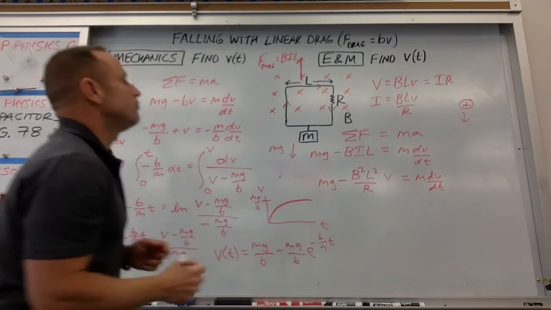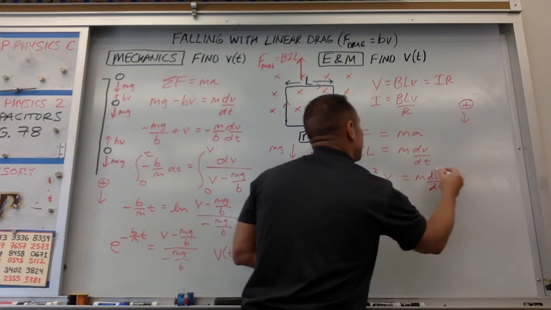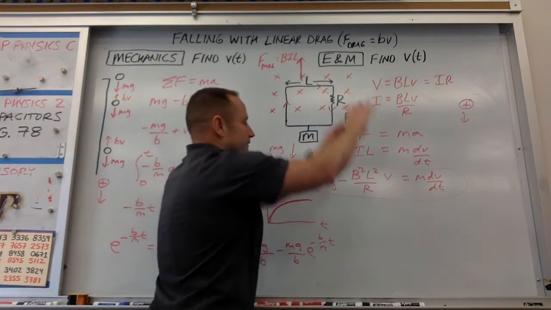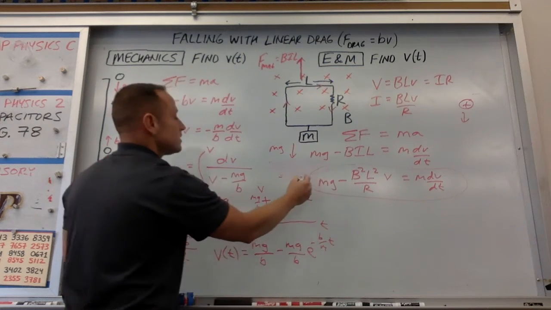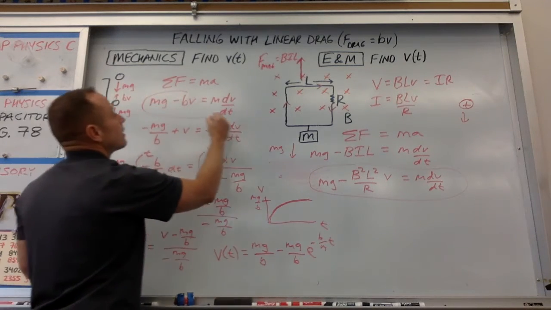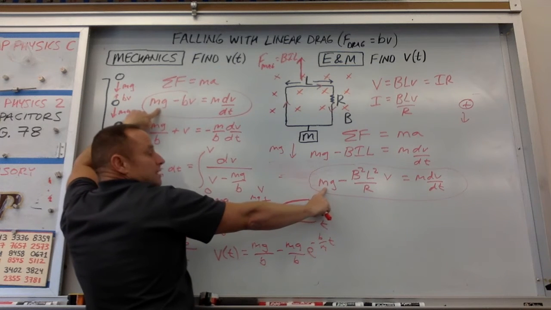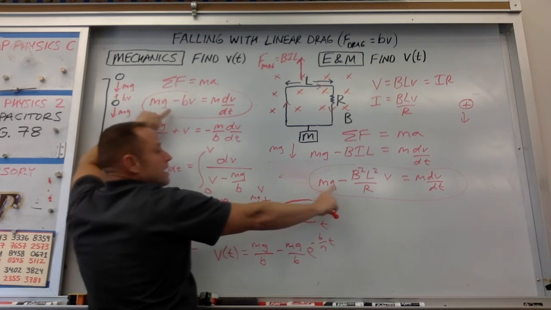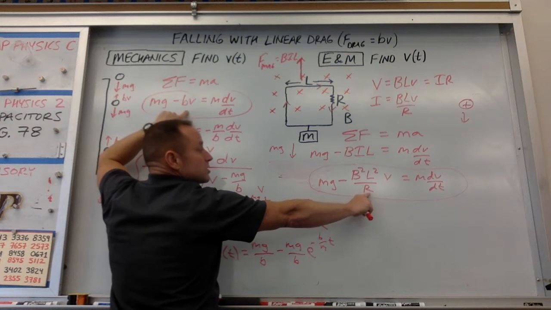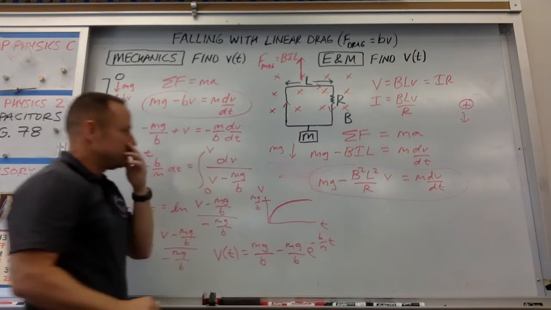Now what you notice is that this equation governing the velocity as this thing is falling looks exactly like what we got right here. You have gravity making this thing want to go downward, or in the positive direction. Then you have a force that's just proportional to velocity going back upward, equals m dv/dt.